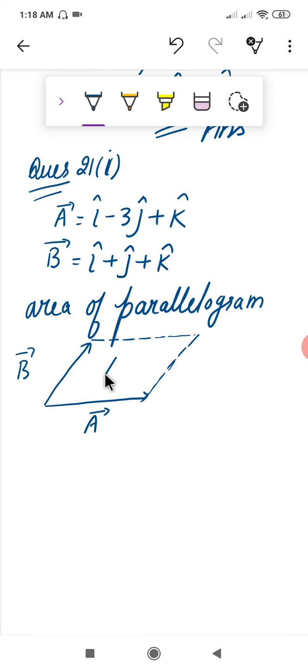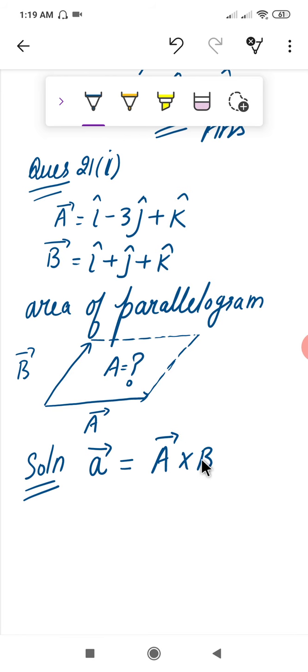So they are asking the area of this parallelogram, and as we have already discussed in previous lectures, the area of the parallelogram, if you represent this area with some other symbol, say small a, then the area is A cross B. A and B are those two vectors which are forming the two sides of the parallelogram.